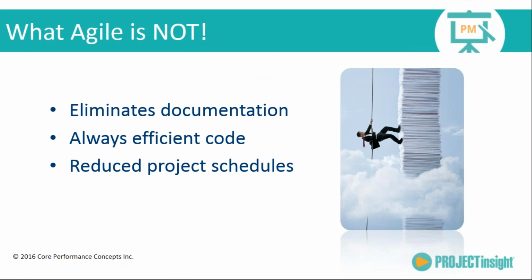I want to make sure that people don't have the wrong impression of what an Agile process is. It doesn't eliminate documentation. A lot of people have said in the past, well, I don't need to write requirements because we're going through an Agile process, and that is so far from the truth. It also doesn't mean that you have the most efficient code for your product.